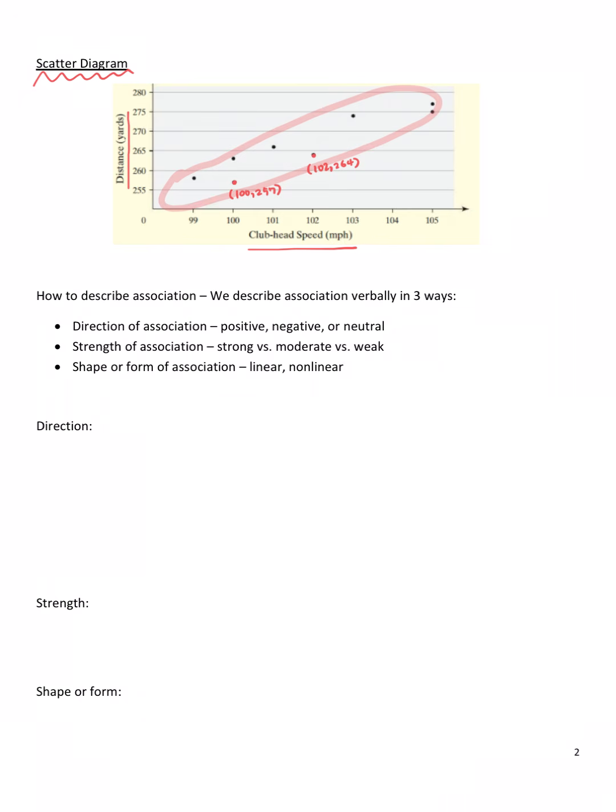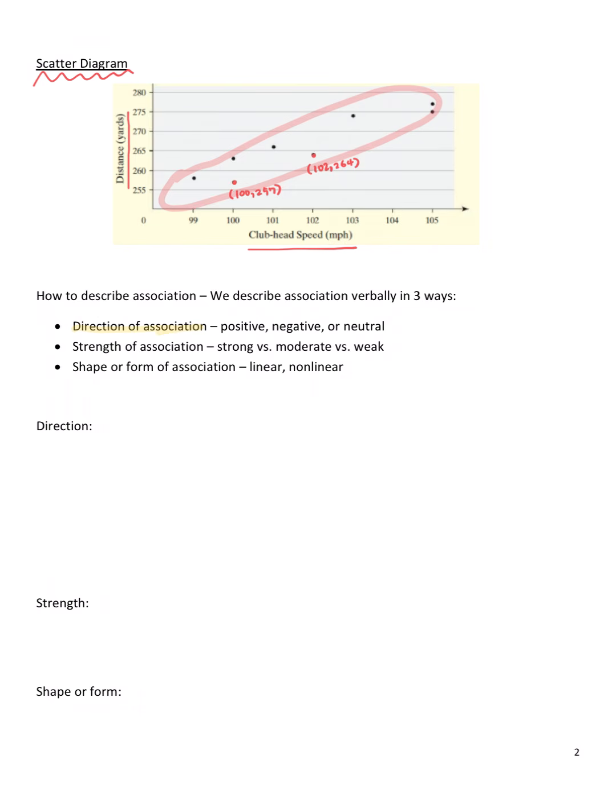So let's learn how to describe an association between two variables. To describe association, we will start verbally and then we'll describe association mathematically. We can describe association verbally in 3 ways. The first of which is what we call the direction of association.